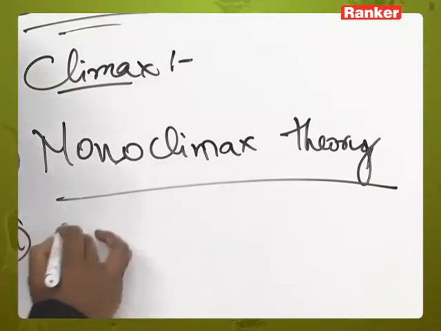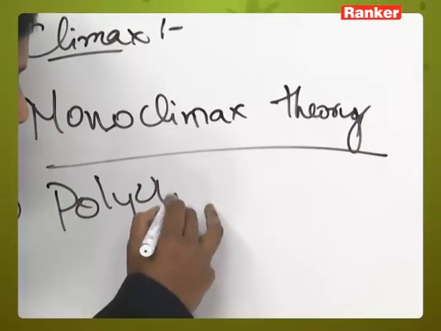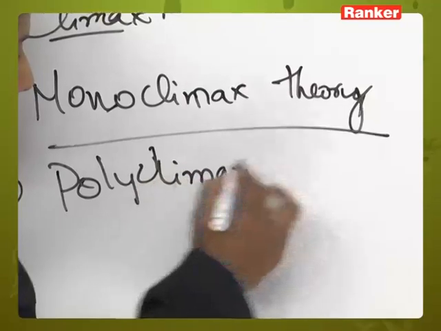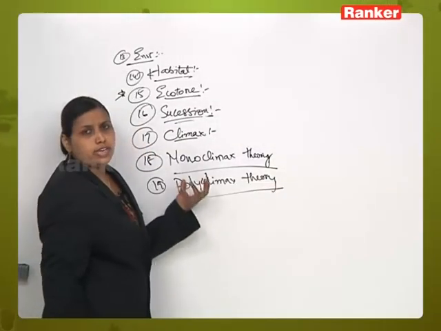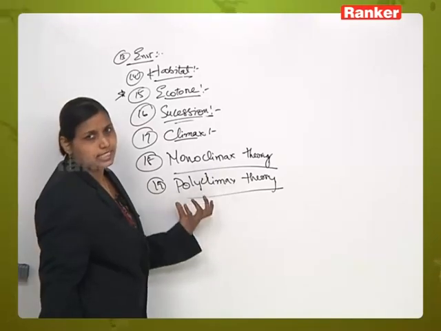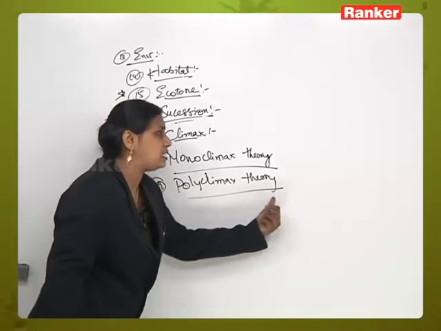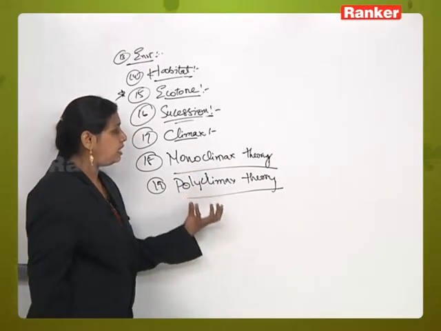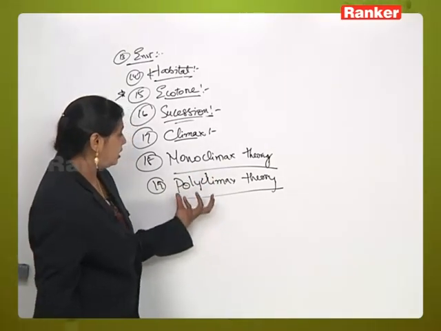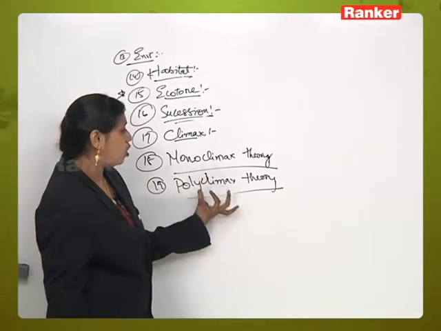And if there is more than one type of climax community, it is called polyclimax theory, a group of communities growing together in a particular area and sharing a common climate.